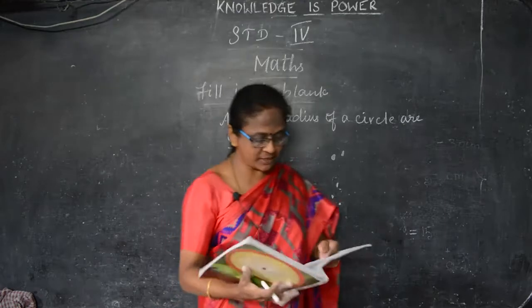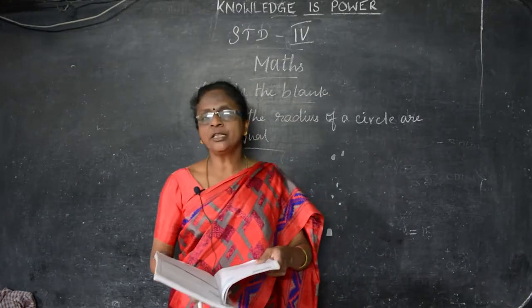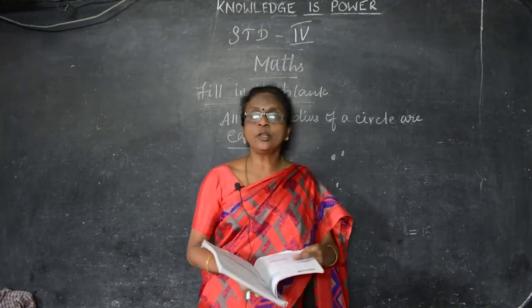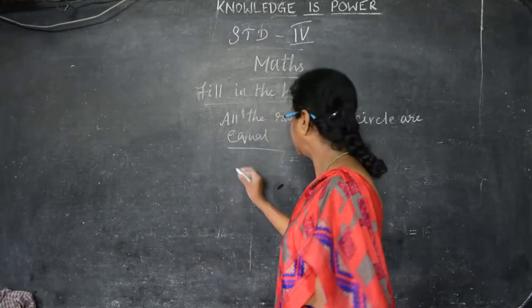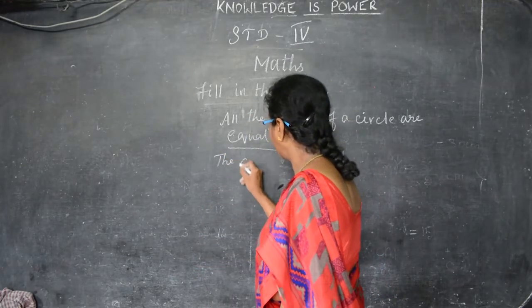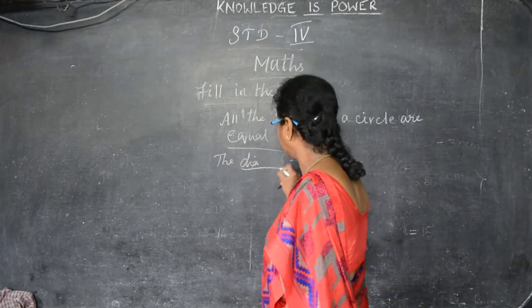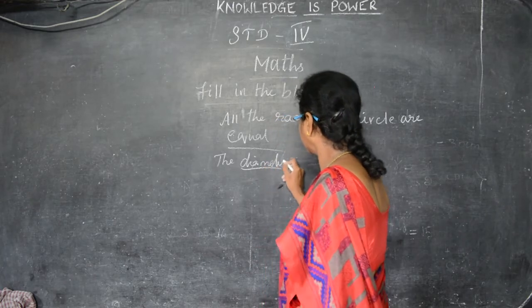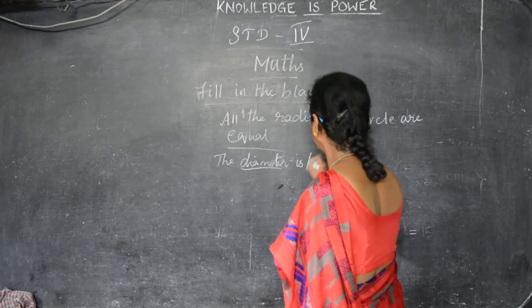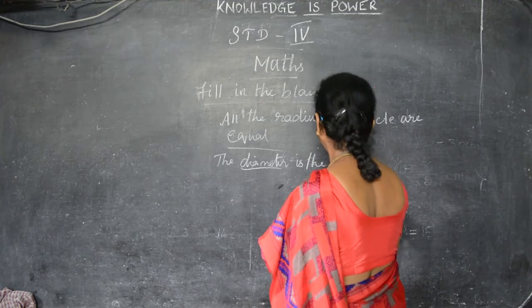Everything will be equal in length. The dash is the longest chord of the circle. Which is the longest chord of the circle? The diameter is the longest chord of the circle.